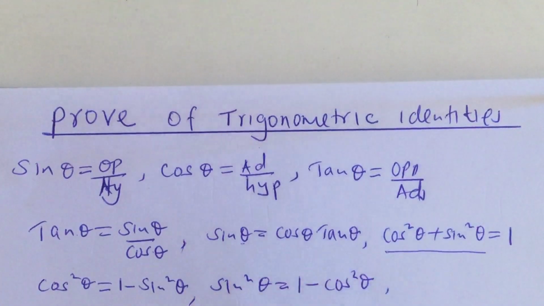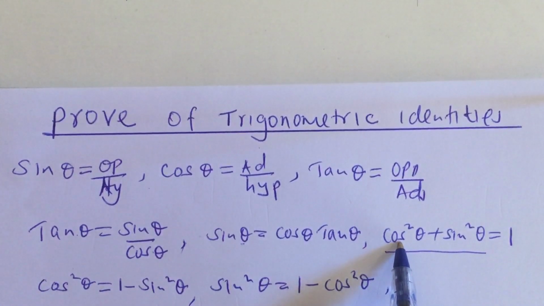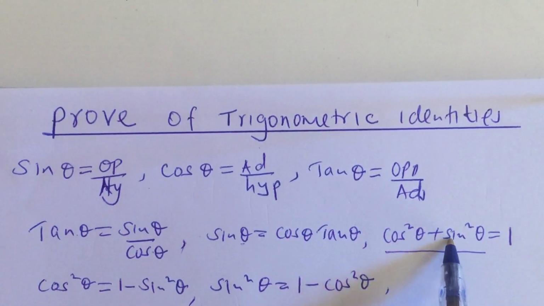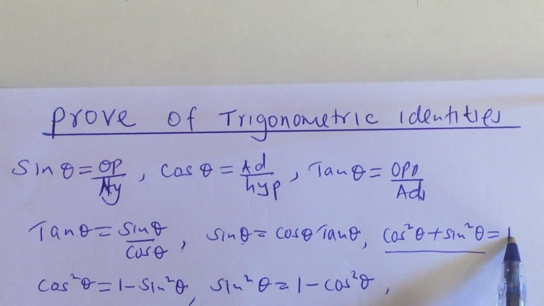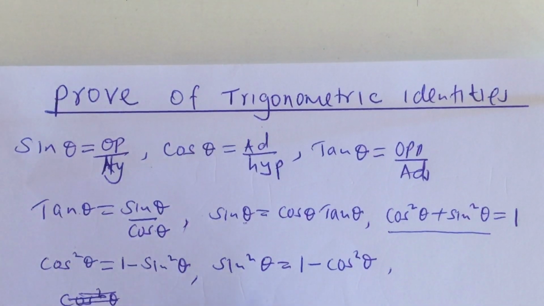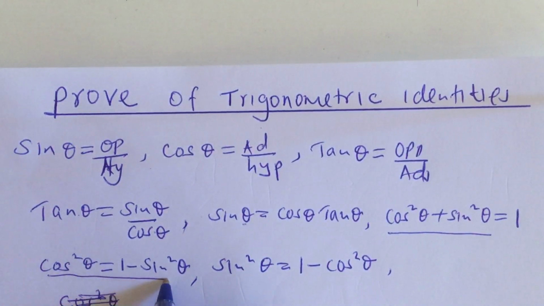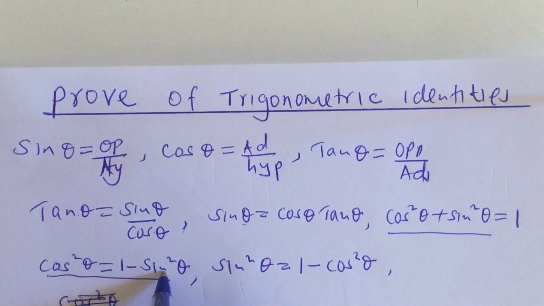And then I came up with another identity, which is cos squared theta plus sine squared theta equals 1. That is one of the identities that we came up with from the Cartesian plane. From this one, I tried making cos squared the subject, and we saw that it was coming to 1 minus sine squared.